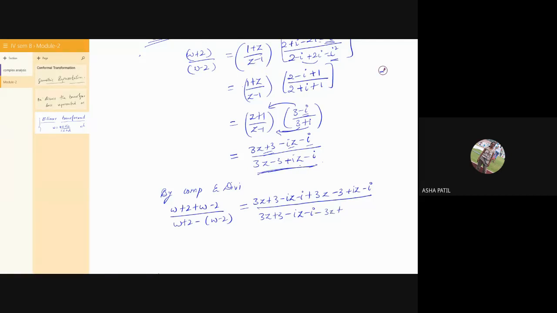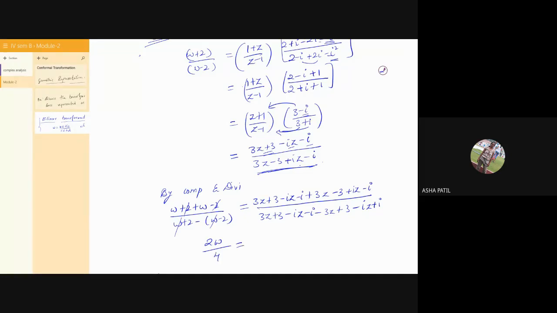It becomes minus 3z plus 3 minus iz plus i. Now here what happens? The 2 cancels. We get 2w. In the denominator, w cancels. 2 plus 2 will be 4.